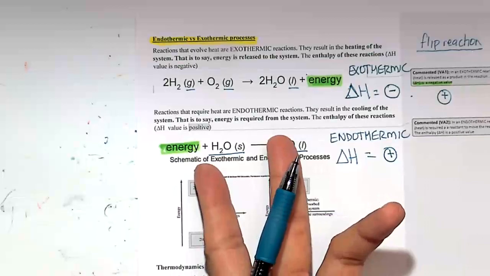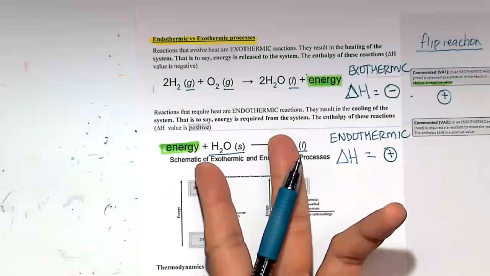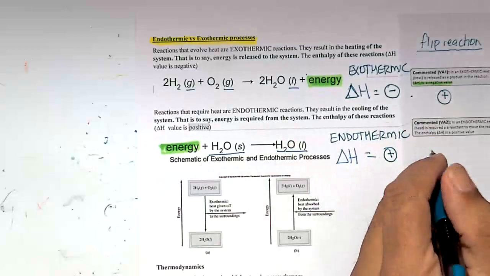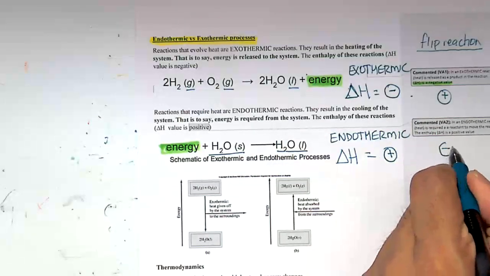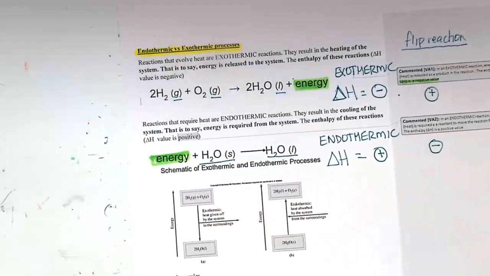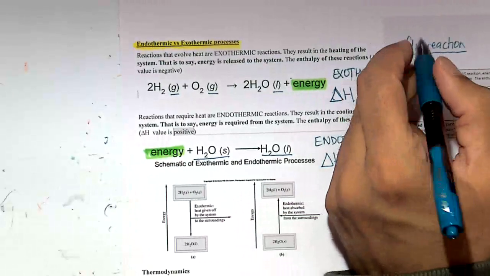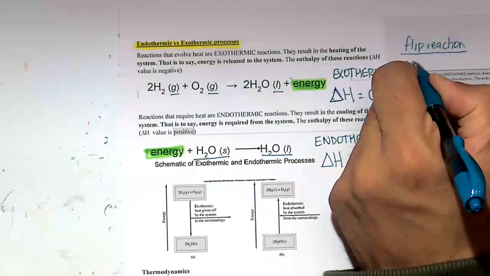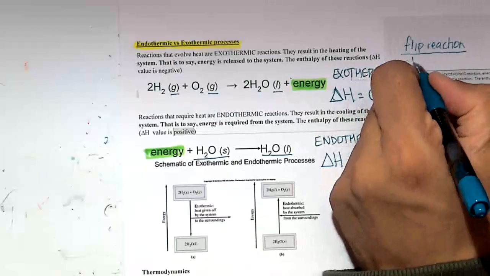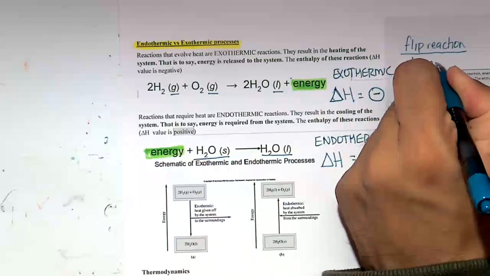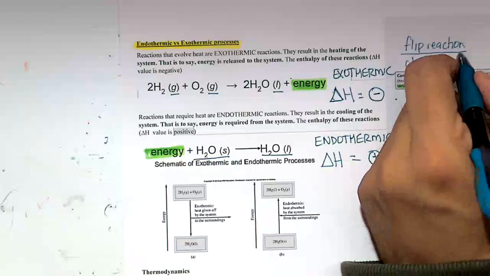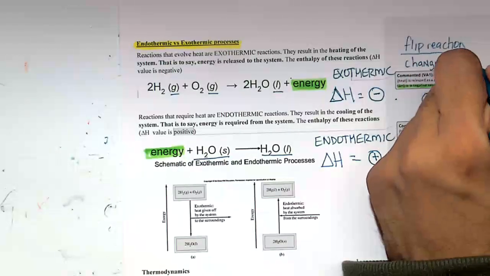What happens if you flip this reaction, liquid water going to solid water? It's going to release heat, release energy. So if you flip the reaction, this becomes exothermic. So the key point here is that if you flip a reaction, you flip the sign of delta H from positive to negative or negative to positive.